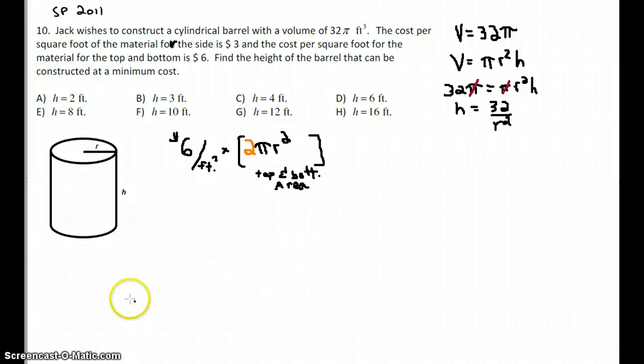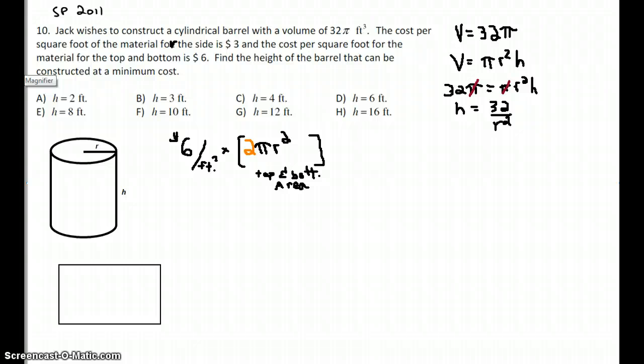When you take the side, the lateral area, think of it as like a label on a can. Slice it, and then unroll it, and you'll actually end up with a rectangle.